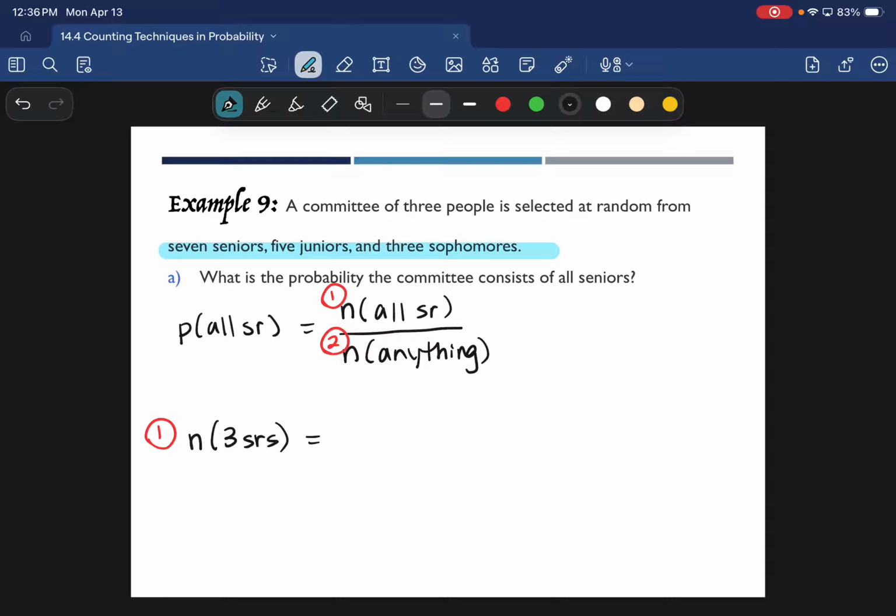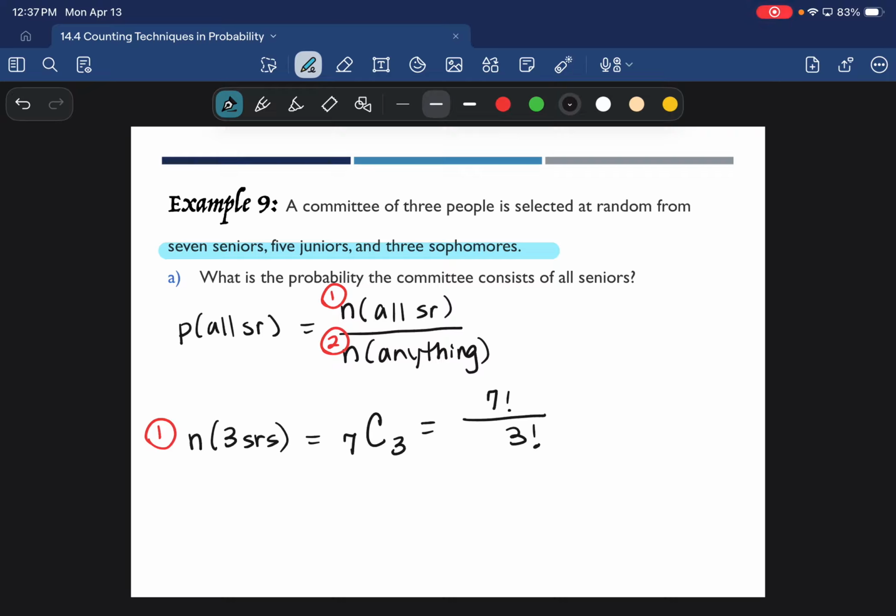So how many seniors are there? 7. And we already said it's a combination. And how many am I going to choose? 3. So 7C3. I have 7 factorial on top.